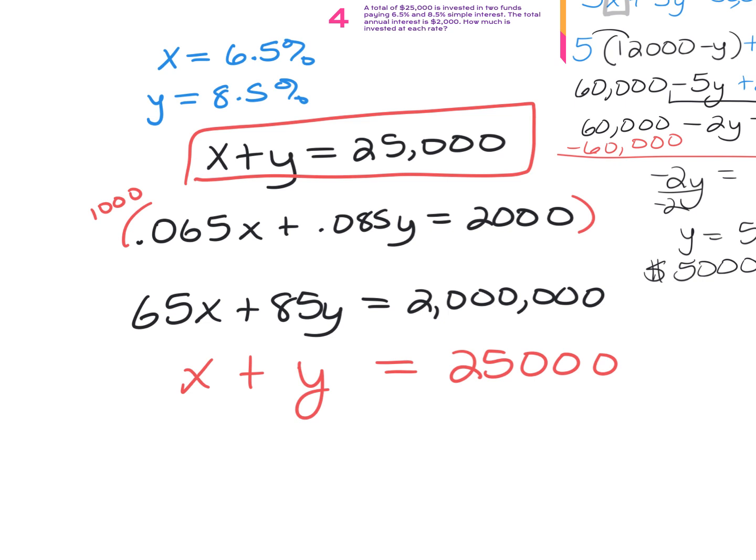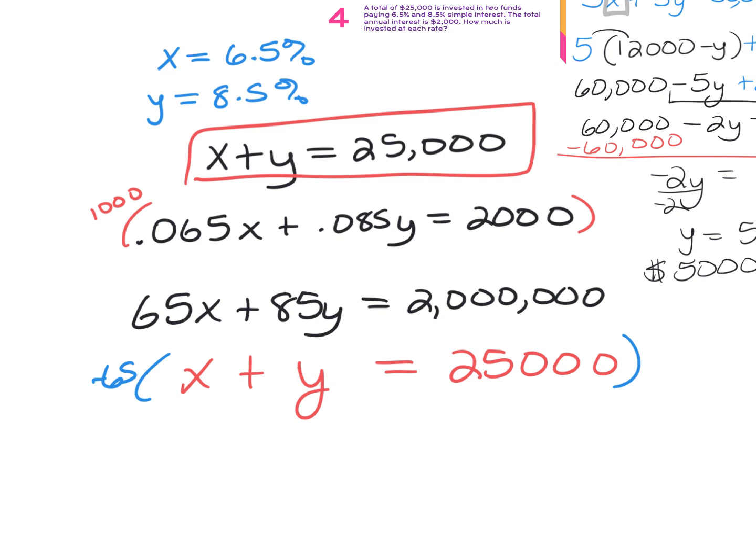For the elimination method, what we need to do is make either the x's or the y's to have the same number in front, but one negative, one positive. So what I'm going to do by using my elimination method is I am going to multiply my second equation by negative 65. And then that's going to get my equation to cancel the x's.